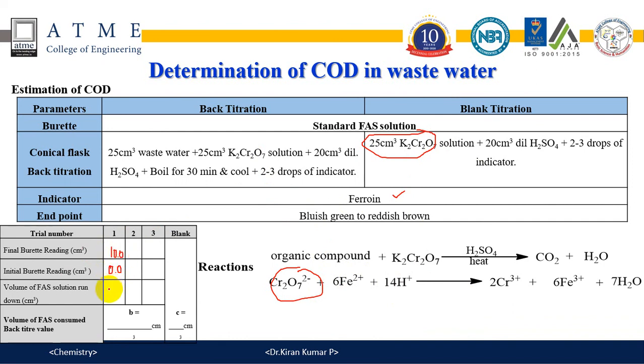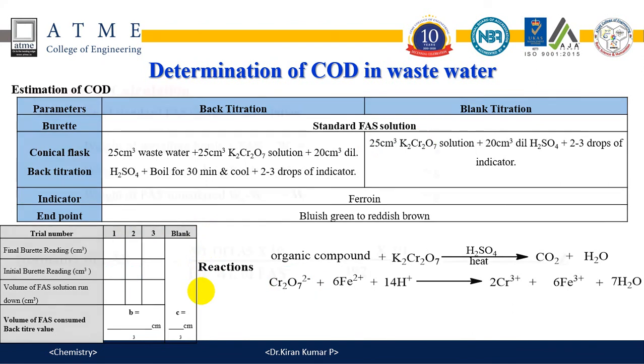Suppose it is 10, it will be 10. Now for the second titration, before titrating you need to note down the initial reading. All 3 trials are compulsory and the blank titration will be given to you. So blank minus back titration gives the volume of K2Cr2O7 actually required for oxidation.